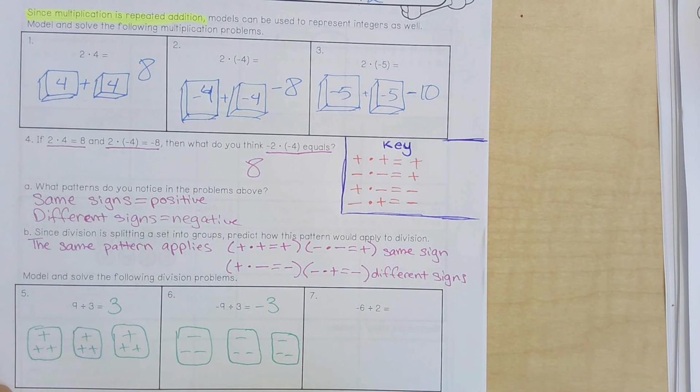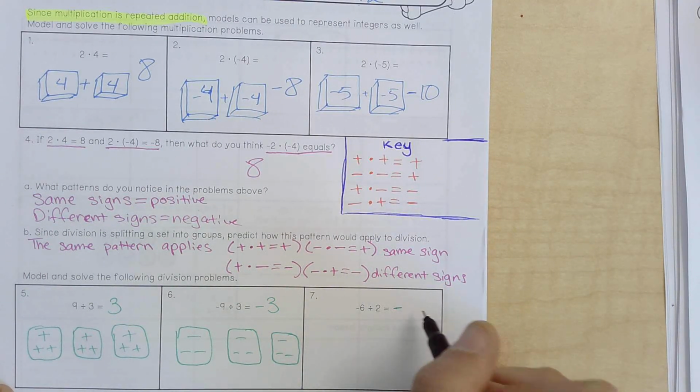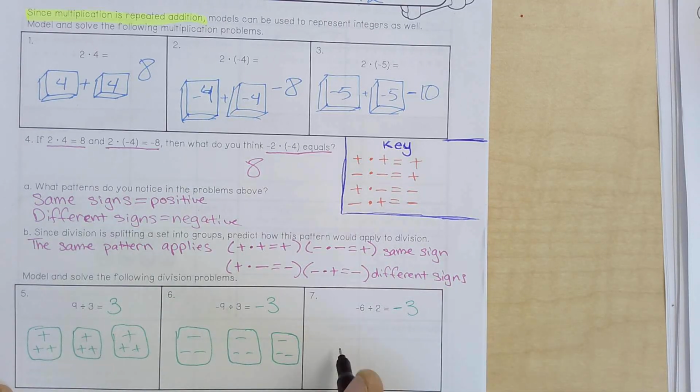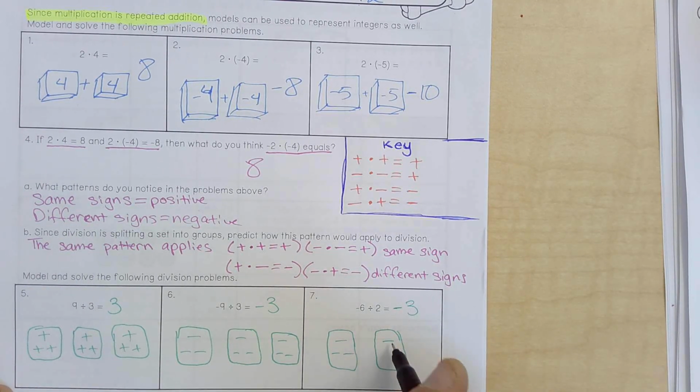And then for -6 divided by 2, again, different signs means the answer is negative. 6 divided by 2 is -3. Because we only had 2 different groups, I'm only making 2 little boxes like that.